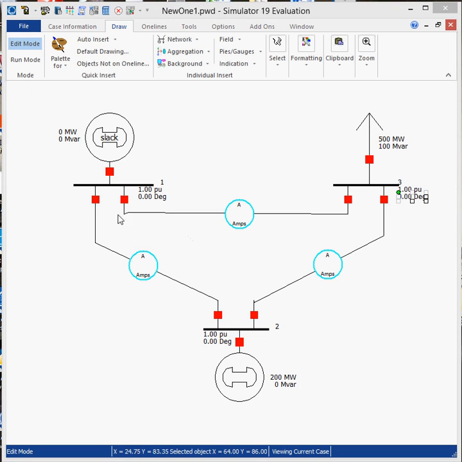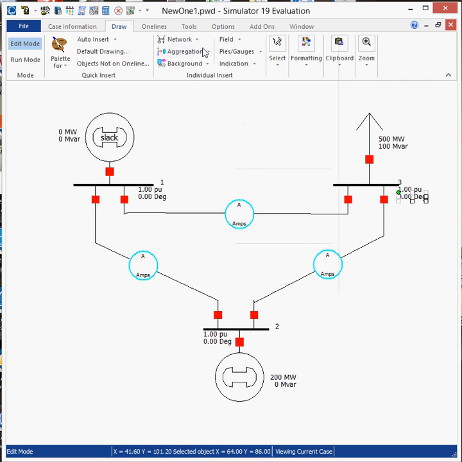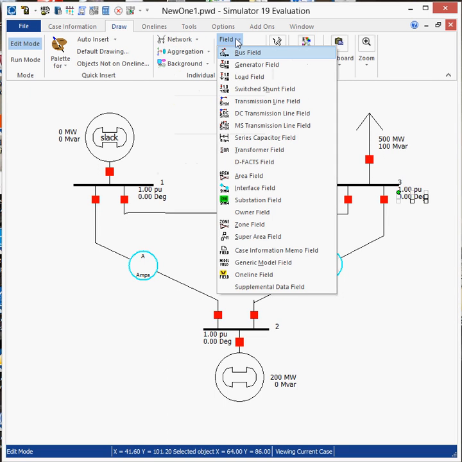Next you need to display the PQ flow at the transmission line, from the sending to the receiving end. Click on fill and select transmission line fill.